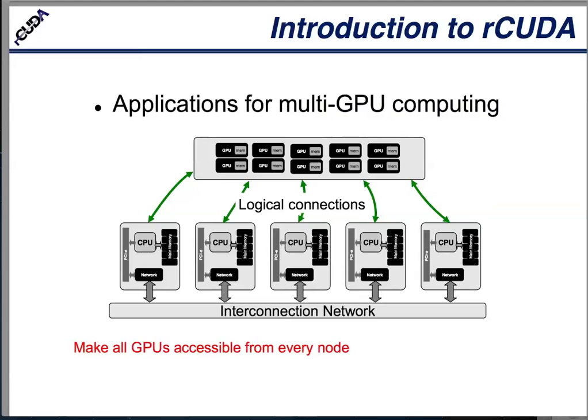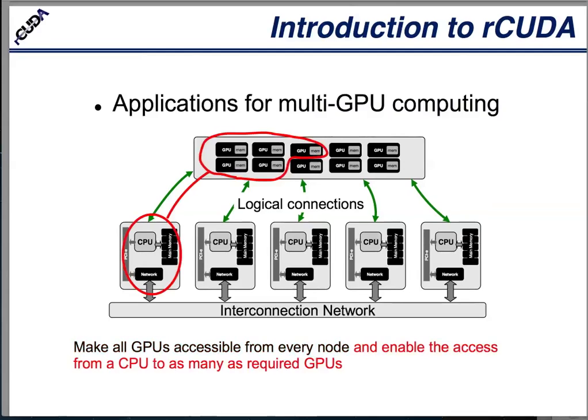as in the previous one, we propose to put all these GPUs in a pool, and with logical interconnection, make it possible that an application running in one CPU can use as many GPUs as they need at each moment.